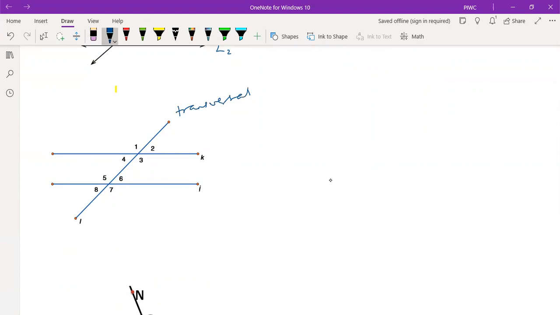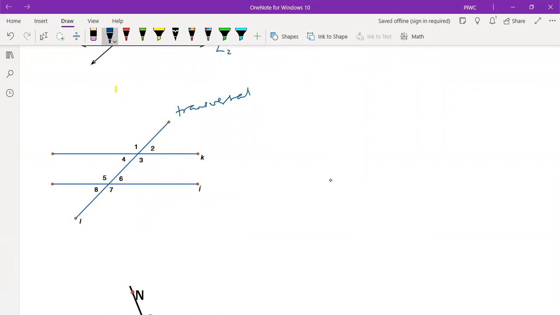As we can see, it's producing several angles as it intersects the parallel lines K and L. Okay. So there are some names for these angles. Let's begin by looking at some of them.